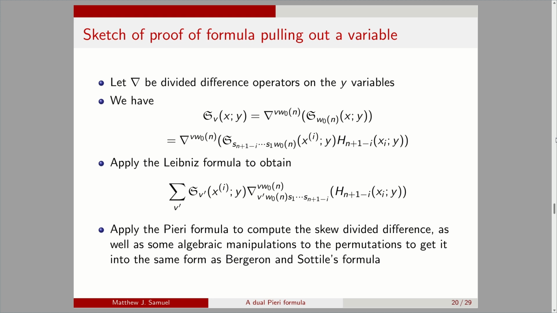We can use the Leibniz formula to expand this, and we're applying a straight divided difference to the double Schubert polynomial to get S_{V'} of x_i and y for some v', and a skew divided difference to the h polynomial, from which we can apply the Pieri formula to get the result. So it requires a bit of algebraic manipulation, but it can be put in the exact same form as Bergeron and Sottile's formula. It's just the double Schubert polynomial version.